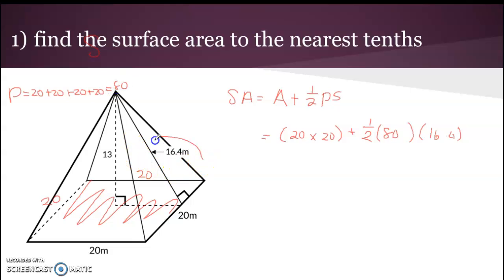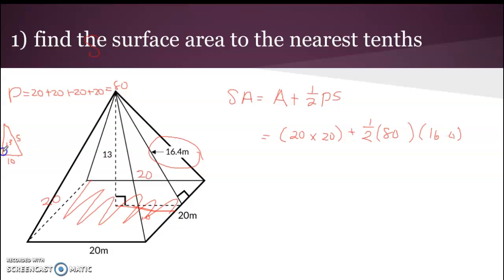Now this number I just want to touch on a little bit. The 13 was given to you. When this is here, it cuts it kind of in half. So this piece here would be 10. If you know that you have a little triangle that looks like this, and this is your slanted height, that's what you need. This is 13 and this is 10.